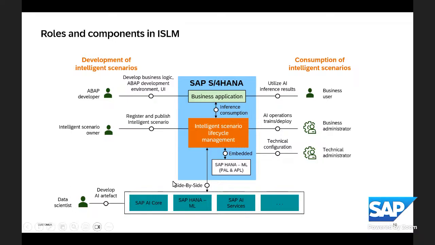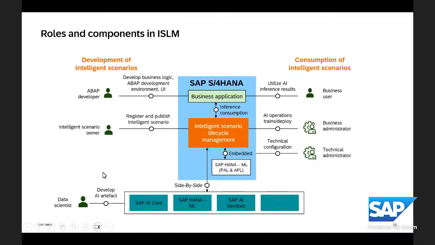So this part of the process happens outside of the ISLM functionality. And once you have decided which ML runtime you would be utilizing, and the algorithm and technology, all of that is decided, and the data science part is also done, then ISLM comes into play.